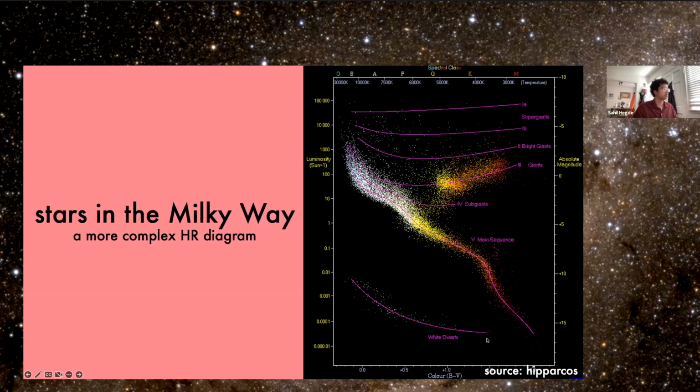Here are like 22,000 stars that have been observed in the Milky Way and plotted on this diagram. You can see that there are some stars that are lower mass over here that are probably going to stay on the main sequence for more than 10 billion years. So they'll be over here for a very long time. And then there are stars here, which in a few 100 million years will evolve off of the main sequence. And that's relatively quick on a stellar timescale.